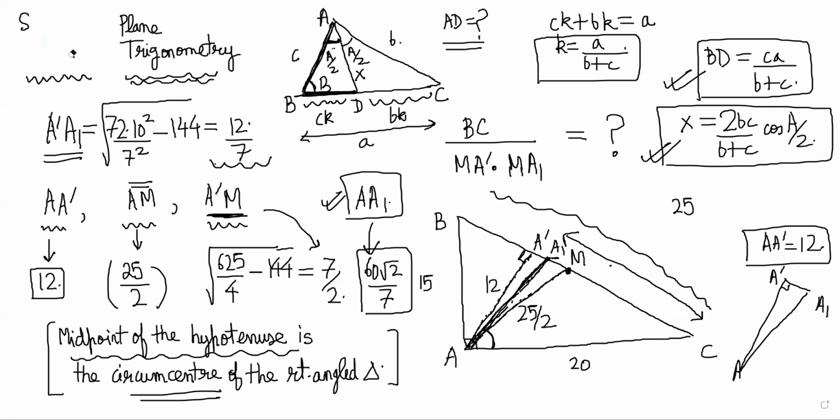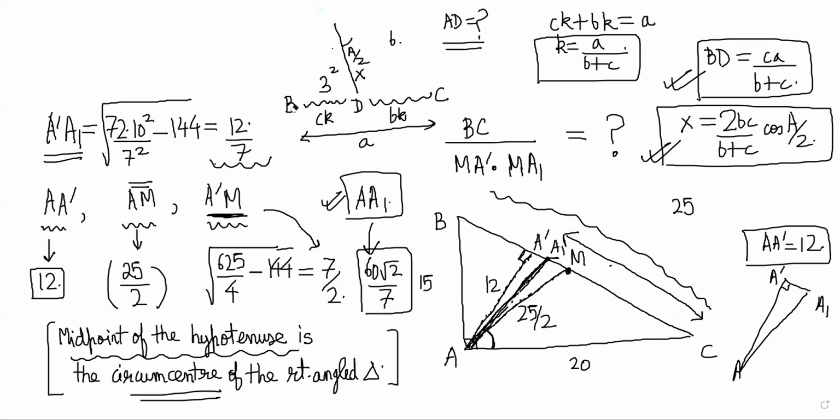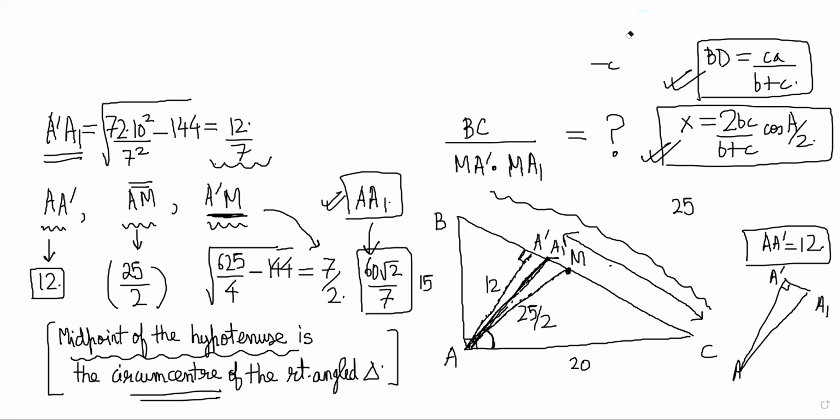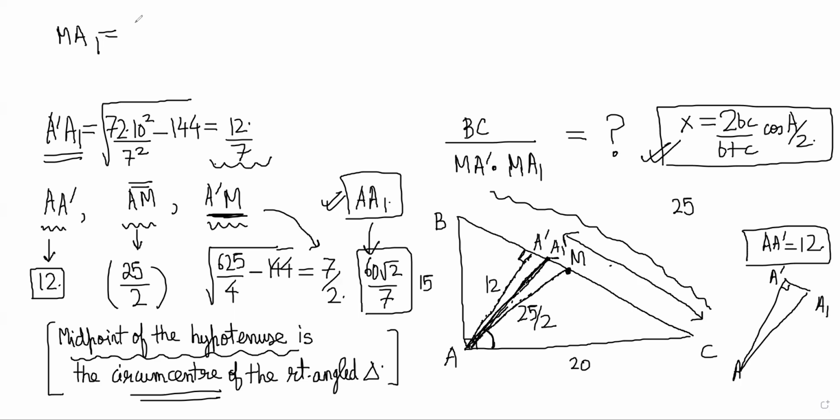Yes, sir. So as soon as A dash A1 has come, after that it is over because now you can find MA1. MA1 will be equal to MA dash minus A dash A1, according to my figure right now, right?